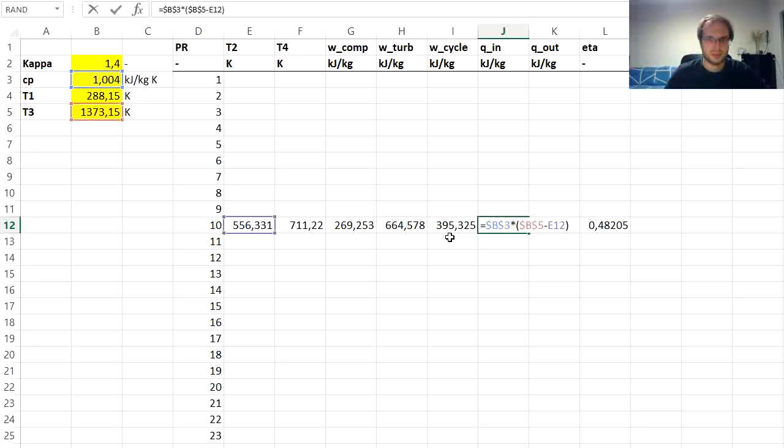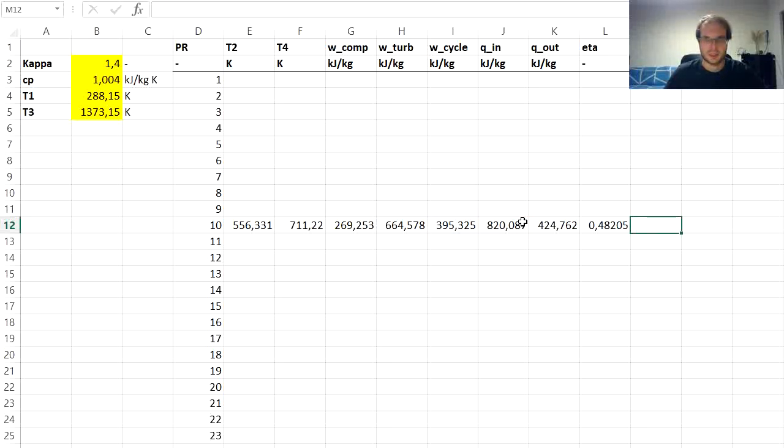The heat input is the difference in temperatures, firing temperature and the temperature T2, multiplied by the heat capacity. The heat output, the heat capacity times the difference of temperatures T4 and T1. And finally, the efficiency is the ratio of work of the cycle divided by heat input.